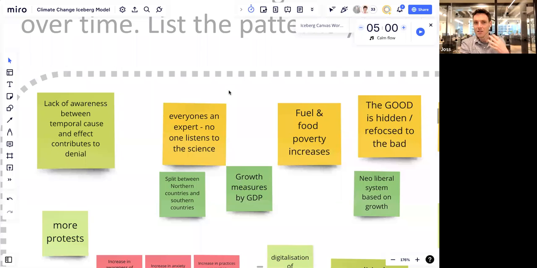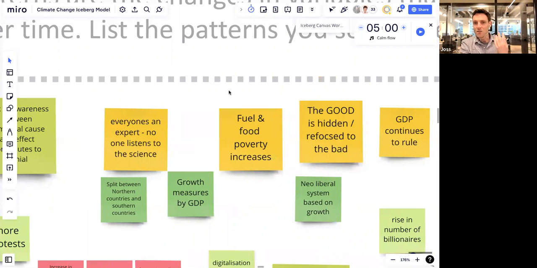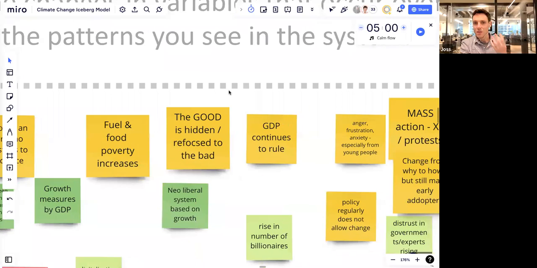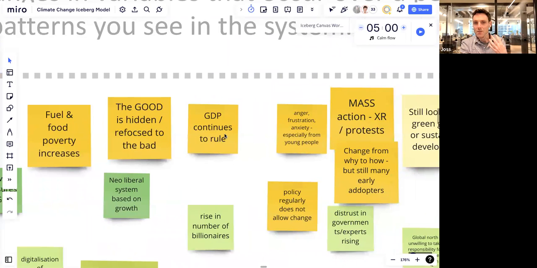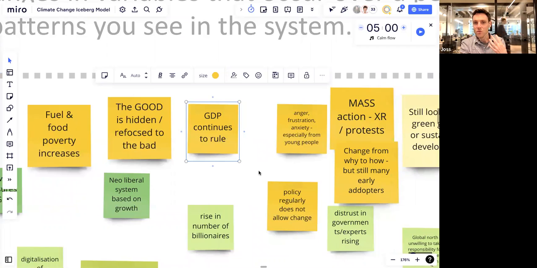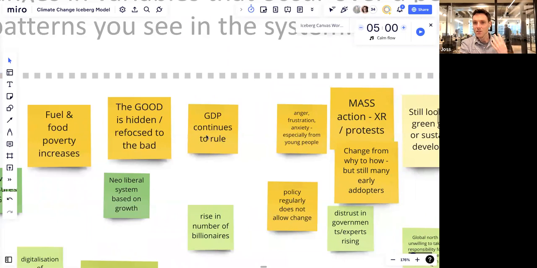The complexity and difficulty to grasp the scale of all of this can be a pathway to denial. Okay, GDP continues to rule. Do people agree with that? Does anybody disagree with that? Do you think that's an accurate statement?